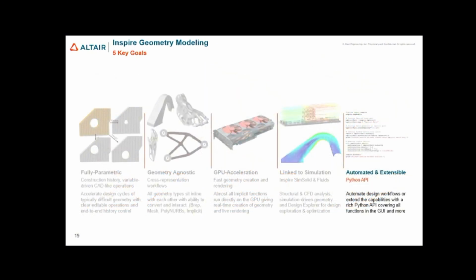And then, as mentioned, everything you can do in Inspire is all wrapped in the Python API, and this is also included in terms of the modeling approach. So you can either just script your entire modeling workflow, or you can start with a script and carry on inside the product, or you can mix and match, where you can do some modeling in the product, you can do some scripting, and sort of work in tandem with the Python API.